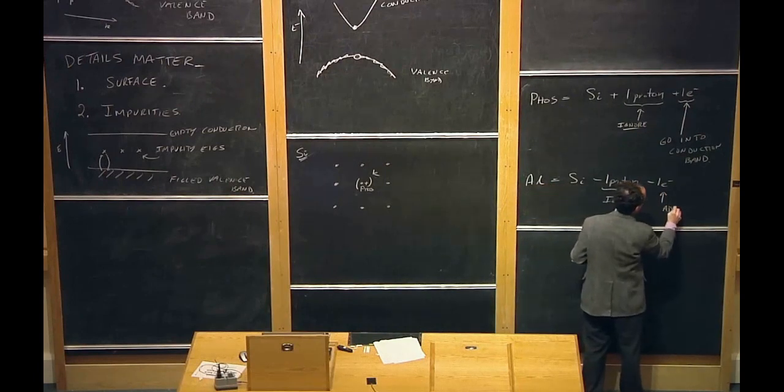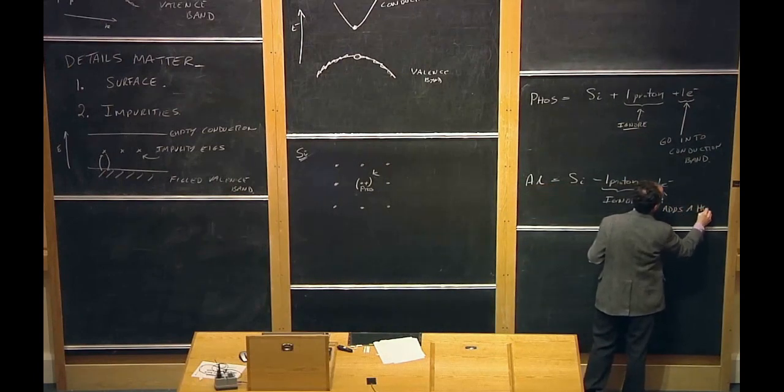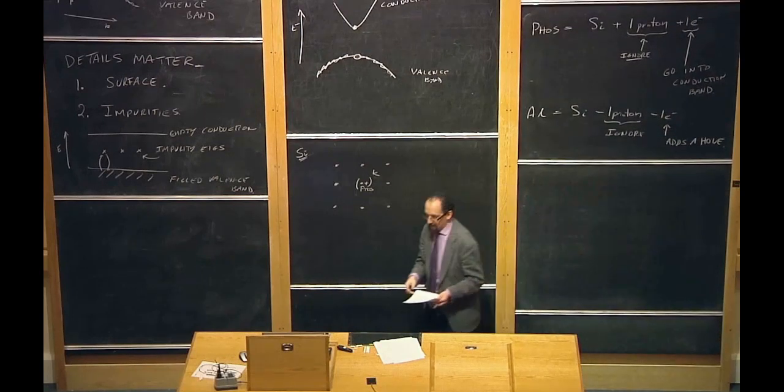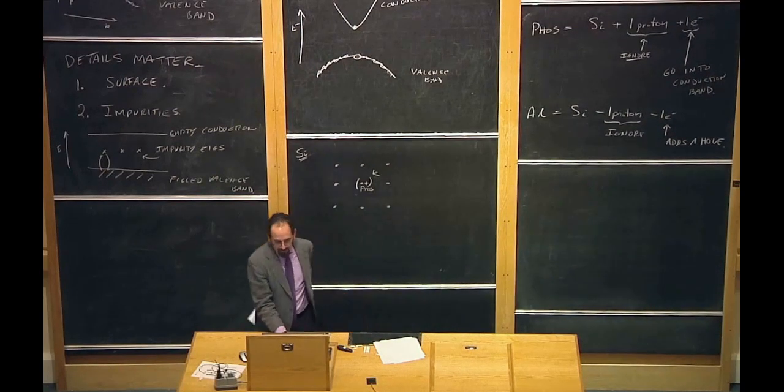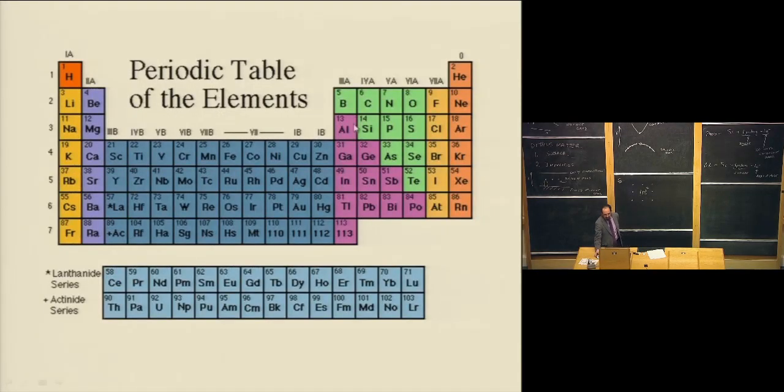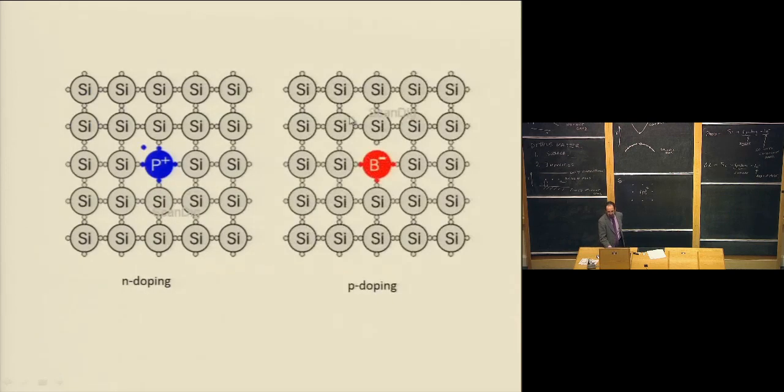Actually, here they're using boron, not aluminum. Boron is right above aluminum in the periodic table, so it's chemically the same, and it's the same story. Boron is trivalent. It can make three covalent bonds, but there's one electron missing in order to fill the entire valence band.